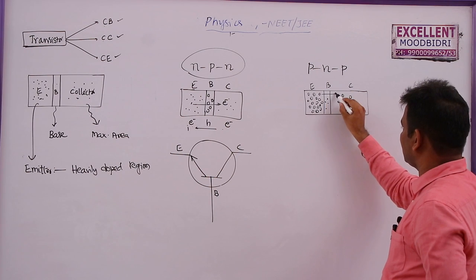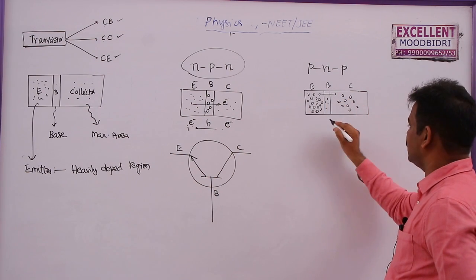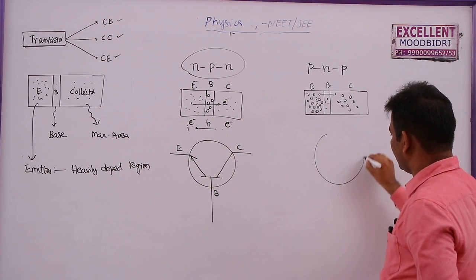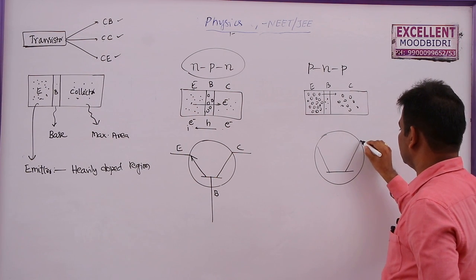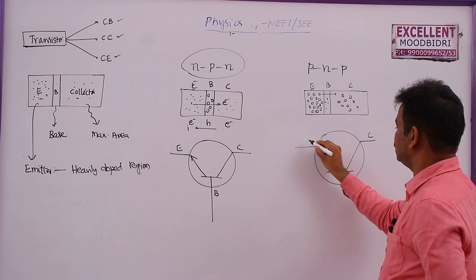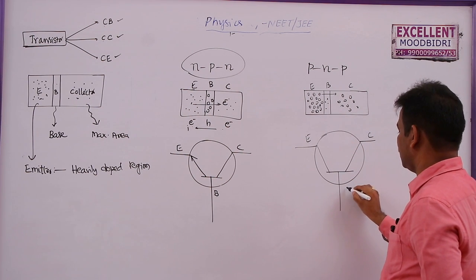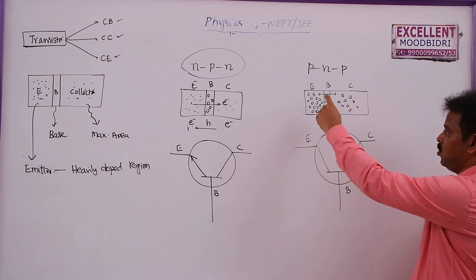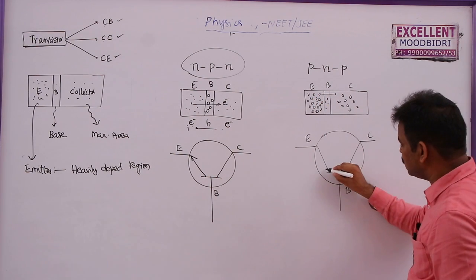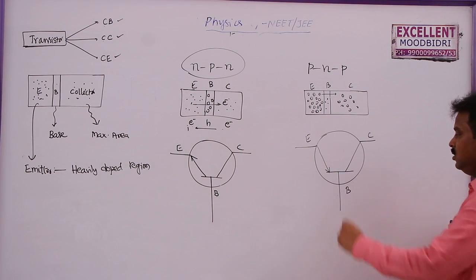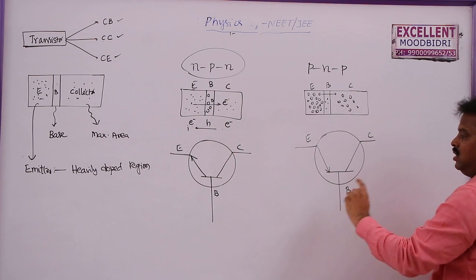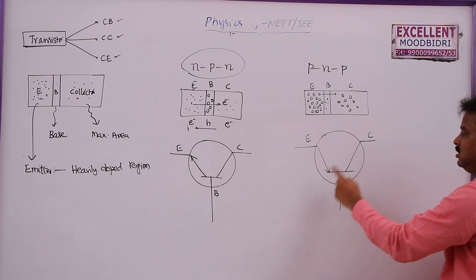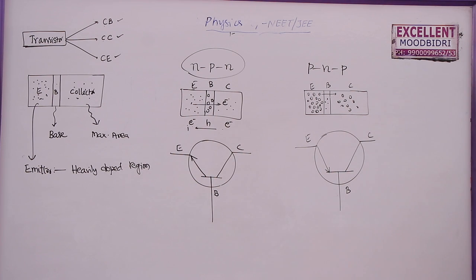As the holes are traveling like this, that is the movement of positive charge, that is the direction of current. So while representing this, we are going to denote it like this. This is the collector, this is the emitter, and this is the base region. Holes are moving from here to here. This is the direction of flow of current. So this is how we can represent the direction of flow of positive charge or current. This is an NPN, and this is a PNP transistor.